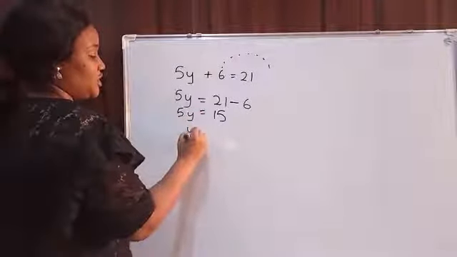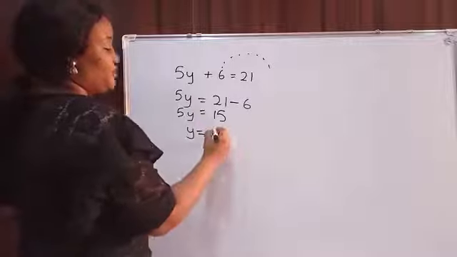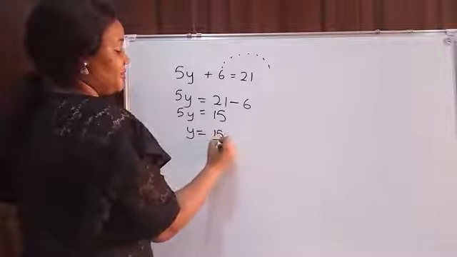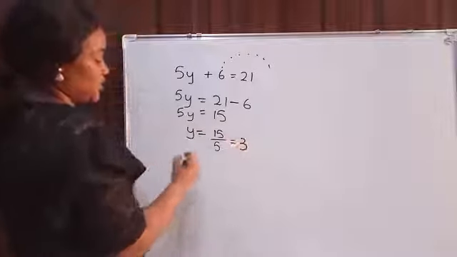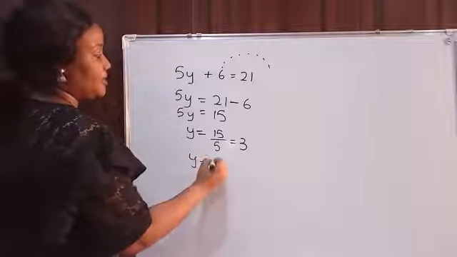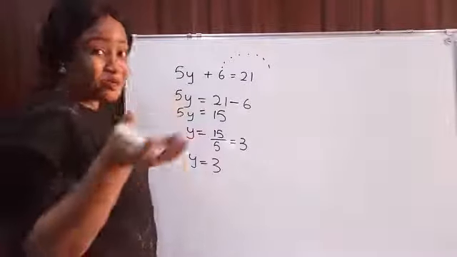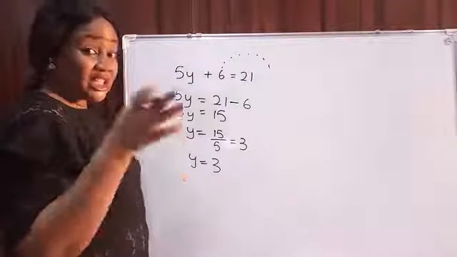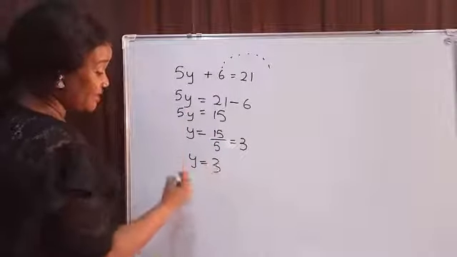So y, what do we do? We divide both sides by 5 and we have 15 divided by 5 equals 3. So our y equals 3. Let's even put it back into the equation and find out if we're really correct. We have 5y; 5y is 5 times y and y is 3.